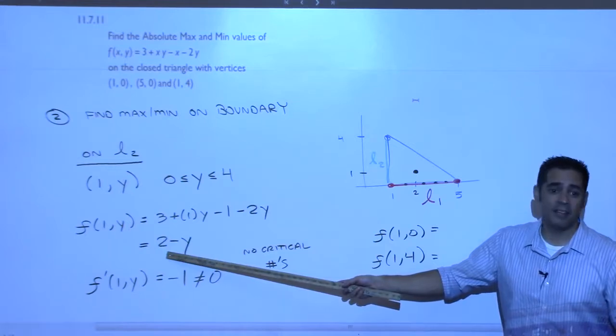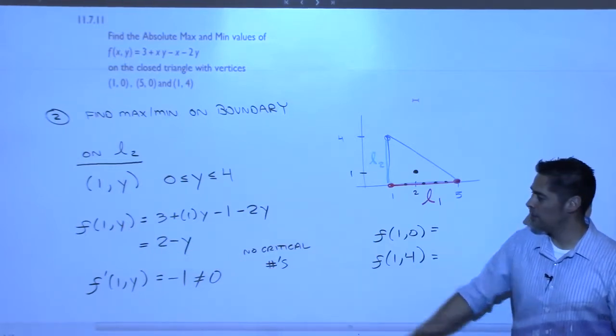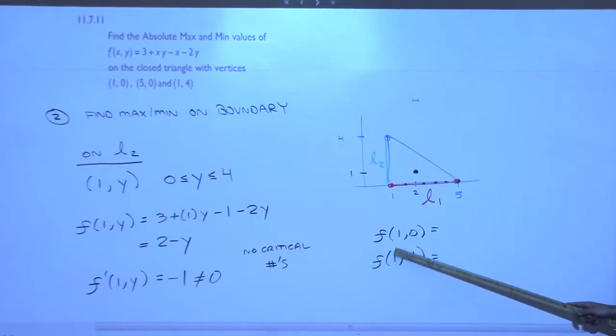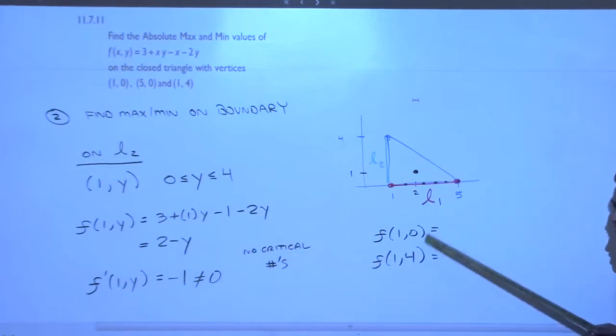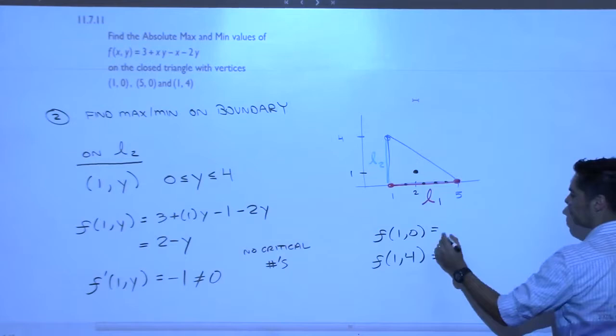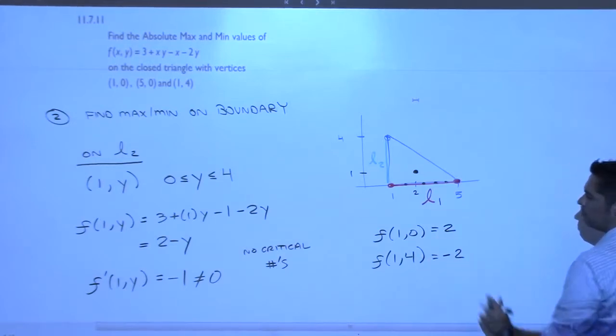This is easier. You're going to get the same result either way, but this one is less work. We already know what happens when you plug in 1 for x. We just want to know what happens when you change the y, which is this. So what happens when I plug in 0? 2. And then when I plug in 4, -2.